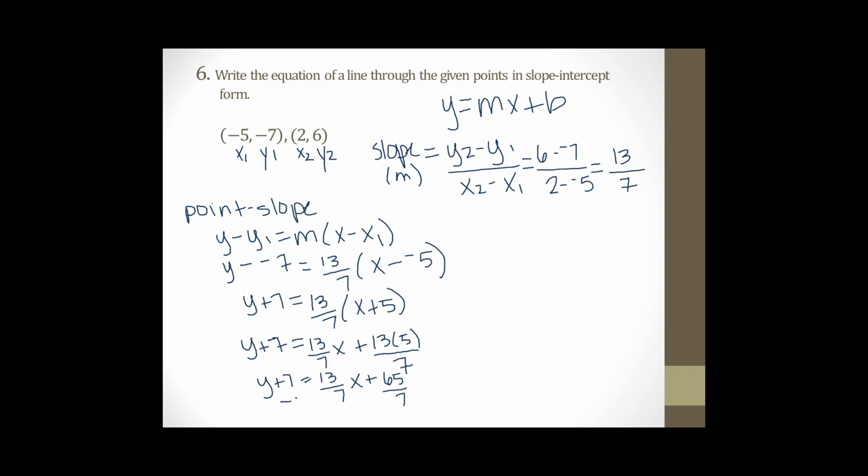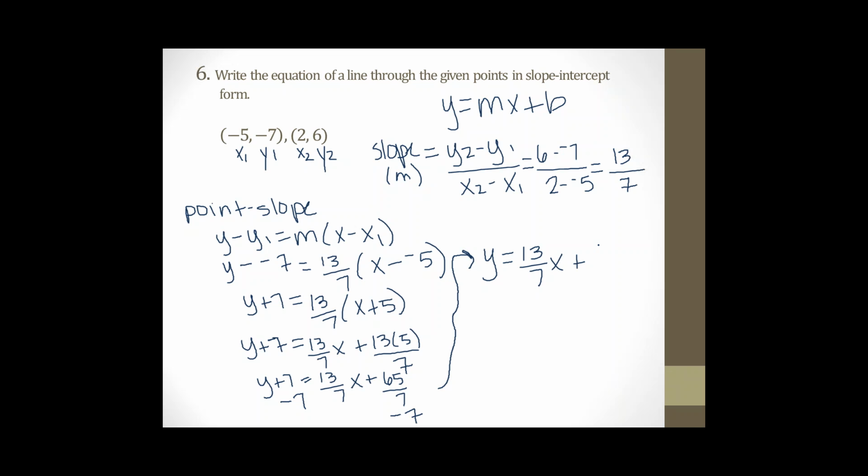Now I need to subtract 7 because I want to isolate my y so it can be in slope-intercept form. So that's going to be y equals 13 over 7x plus 65 over 7 minus 7.